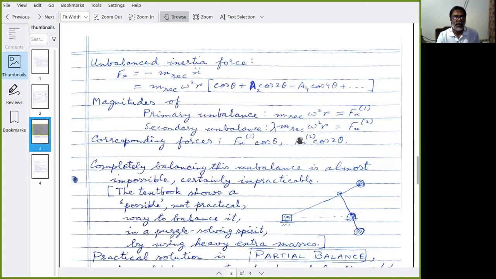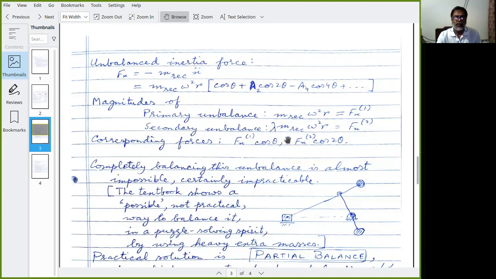The lambda square term is anyway absent from there. So you could think of the next harmonic, which is cos 4 theta and so on. But that becomes too small in magnitude.